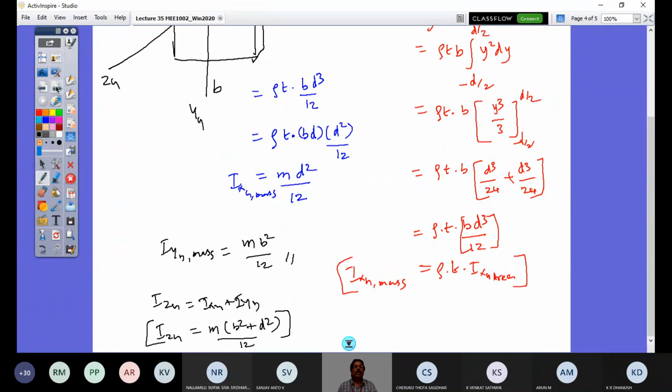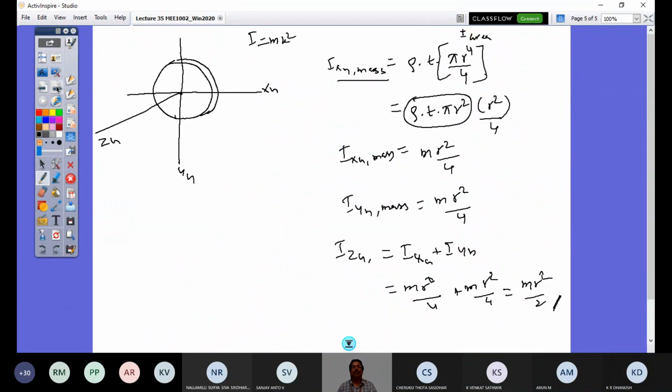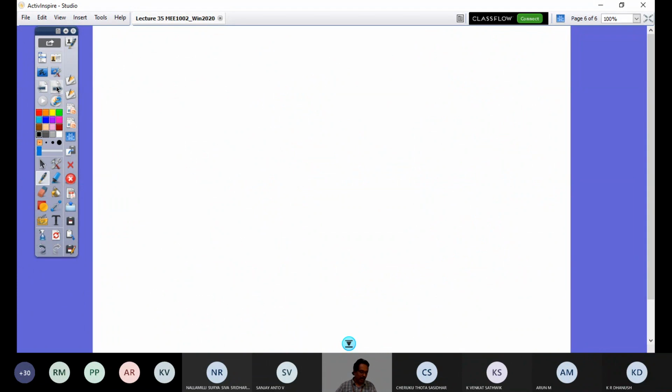Let us look at now, instead of a plate, a one dimensional bar, a slender bar. The slender bar is represented by means of an axis. Say this is the x-axis, here I have the y-axis, and this is my z-axis. The total length is spread L by 2 on this side and L by 2 on this side.